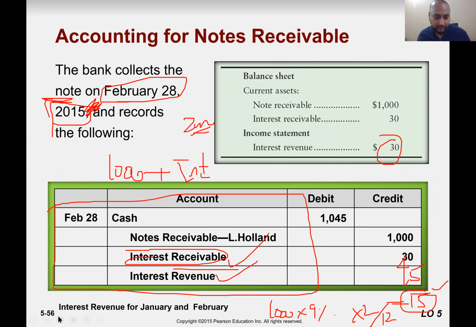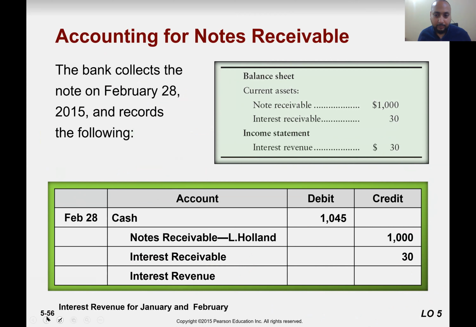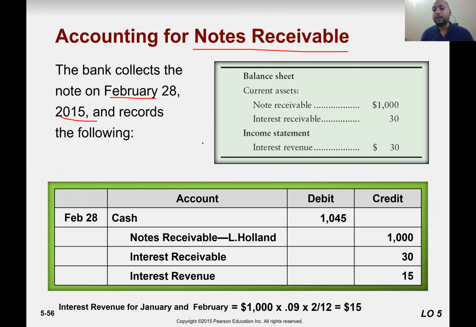So let me just clear this mess so that this entry looks very clear to you, right? It's not like you pay interest month by month. No, you pay interest plus the maturity at once after the expiration of the notes receivable. The note receivable expired on 28th of February 2015.